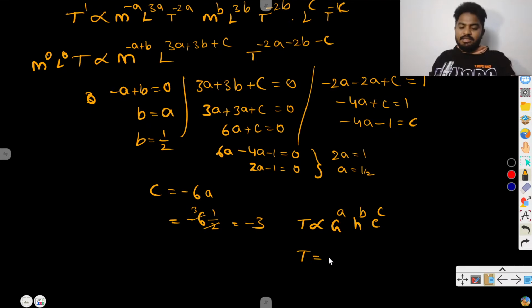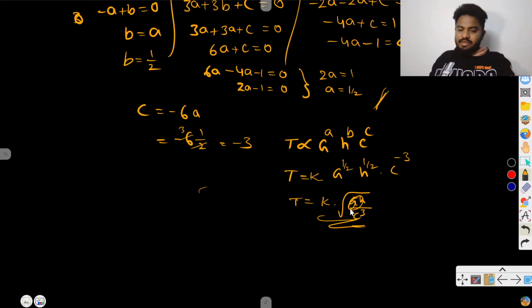So we can say T is equal to some constant into g to the power a, where a is half. So g to the power half and h to the power half, and for c, since you can't write a root for a cube, you have to write root of gh by c.